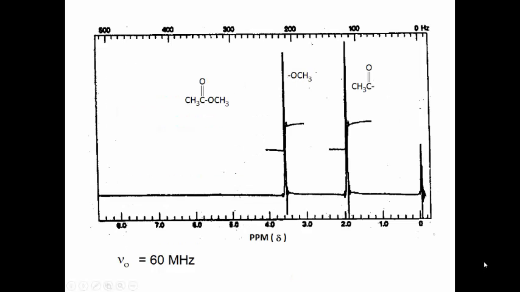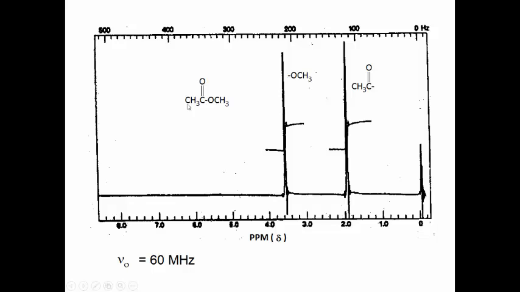Here is another NMR spectrum. This is a proton NMR spectrum of an ester. The ester is called methyl acetate. There are two methyl groups in the molecule. Each methyl group comprises an equivalent set of three protons.